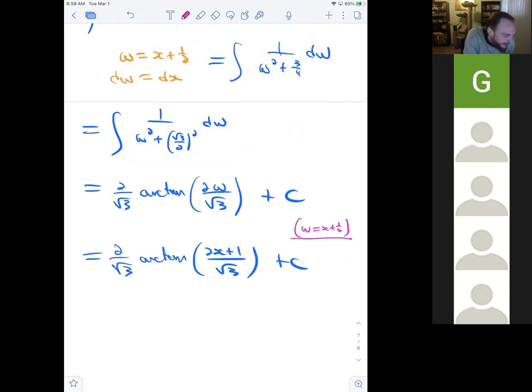But for time-wise, what's the last one? I need the Weierstrass substitution.